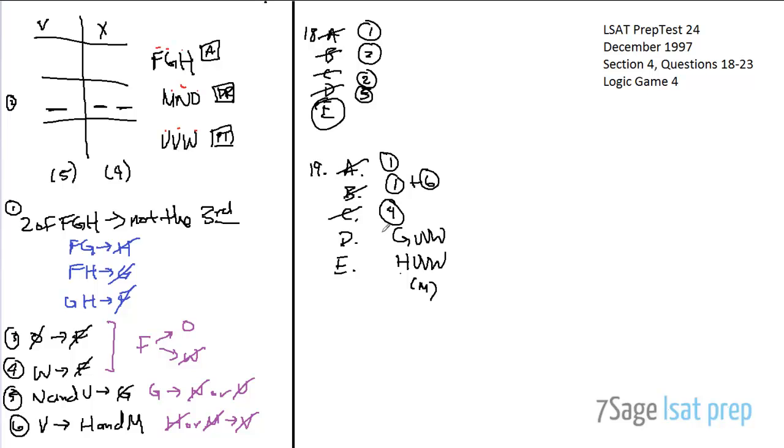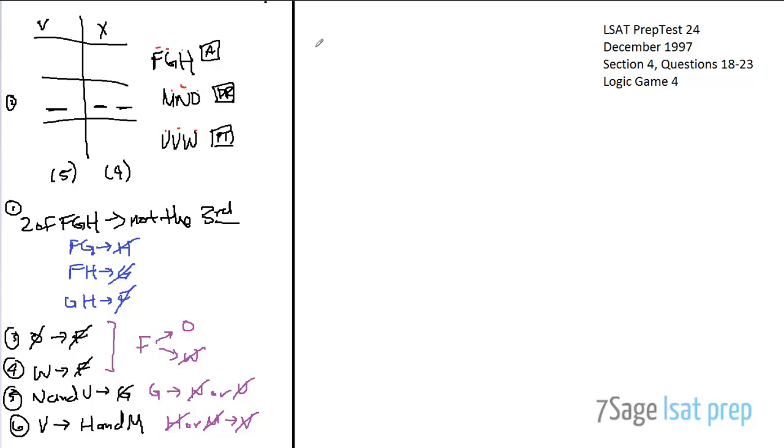Well, H is an antibiotic. If we prescribe H here, then we don't have any dietary regimens, and there must be exactly one dietary regimen. So therefore, answer choice E is the answer to question 19.